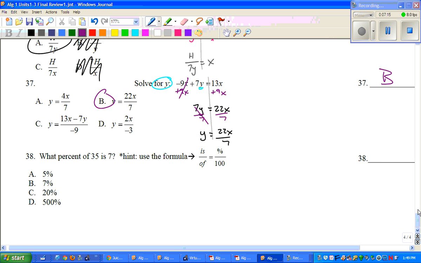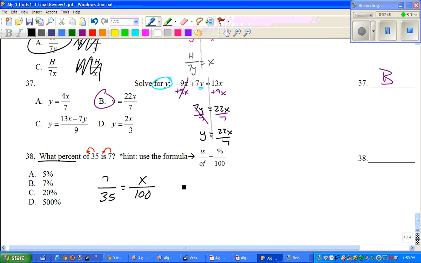And 38, the last one. What percent of 35 is 7? And we've got our nice little formula, is over of equals percent over 100, so we're going to be setting up a proportion. 100 always goes down there. What percent, so that's our x, of 35 is 7, so that pretty much tells us where all those numbers go. 7, and there we go.